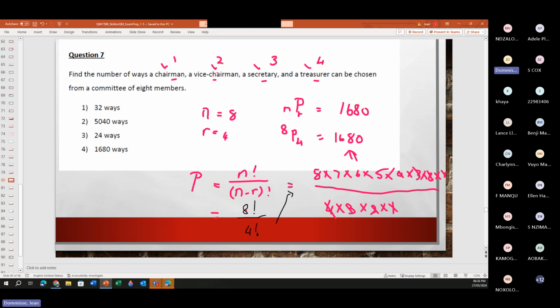So permutations are normally asked when there is a ranking possibility. Okay, does that help a bit to see how to get to that 1680? Yes, thank you, sir.